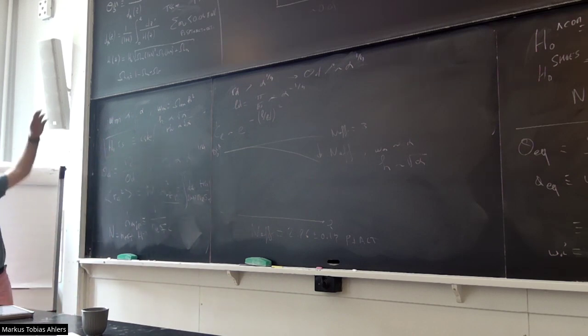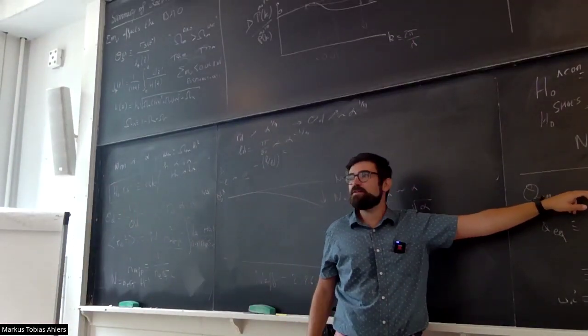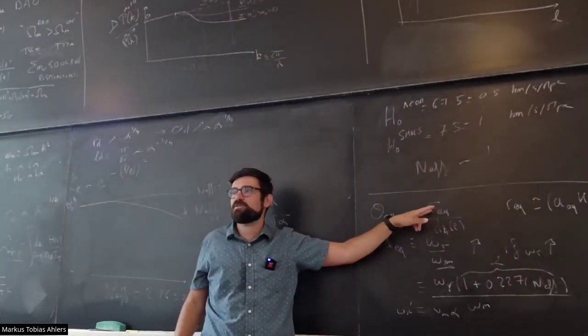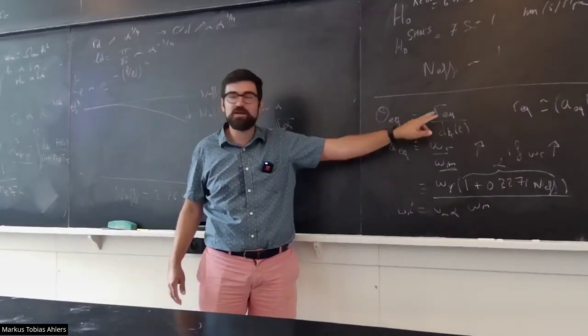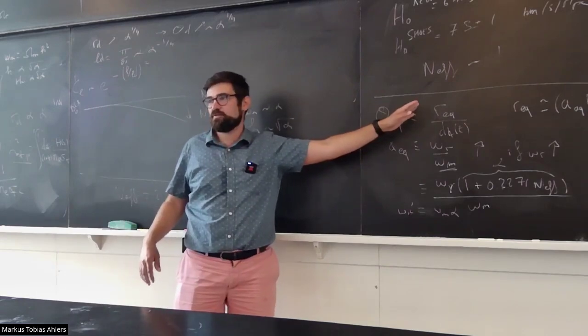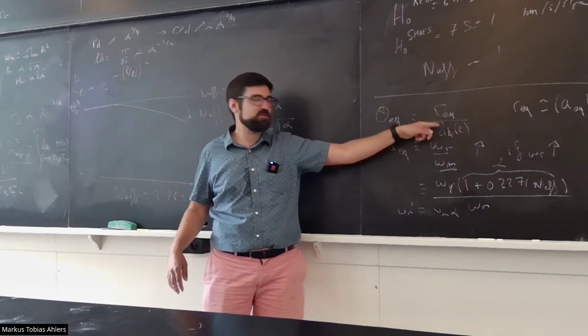But if you have access to the intrinsic size, this is called the standard ruler. I said the sound horizon is a standard ruler, but you could use the scale at matter-radiation equality, REQ. If you had a model that tells you the size of the universe at matter-radiation equality, you could find another way to get H naught. You measure that in the sky, your model gives you this, and you extract H naught from that.